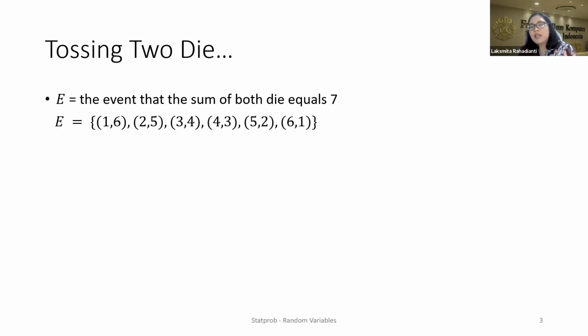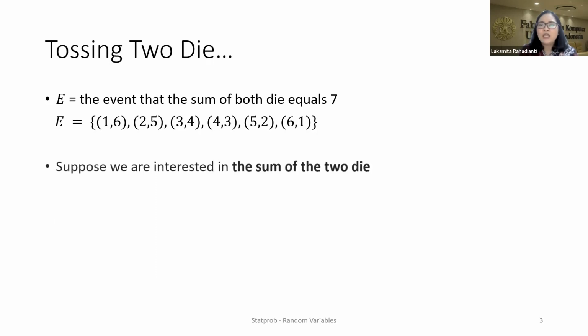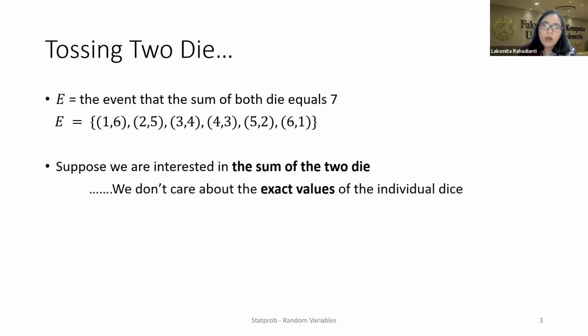However, in this case, I have another argument. What if I don't even care about each possible outcome? In this event, I only need to know that the sum of both dice equals 7. I do not care if it's 1 and 6, or 2 and 5, or so on. This is not important to what I need to compute for this event E.